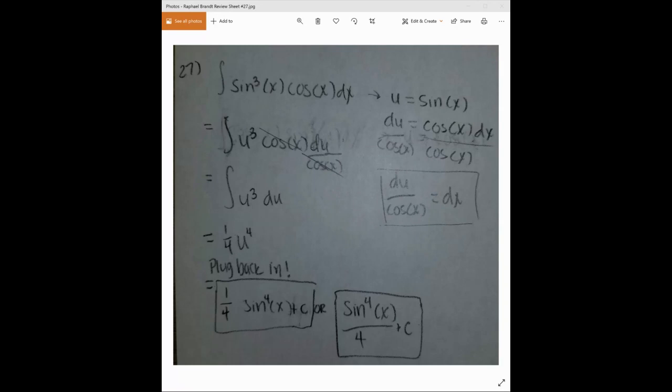Okay, because you wrote an equal sign there, so 1 over 4 u to the 4th, you should add c already. So you're missing a c. Okay, add c. And another point is when we divide by our unknown, we have to be very careful. Here, let's try not to divide by cosine x.